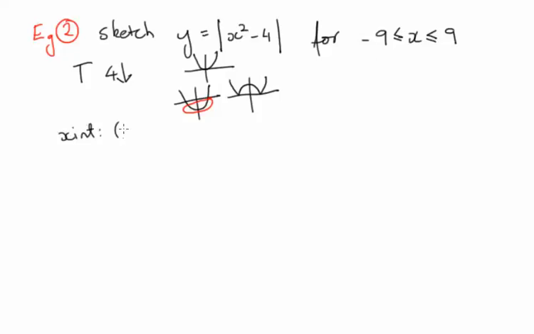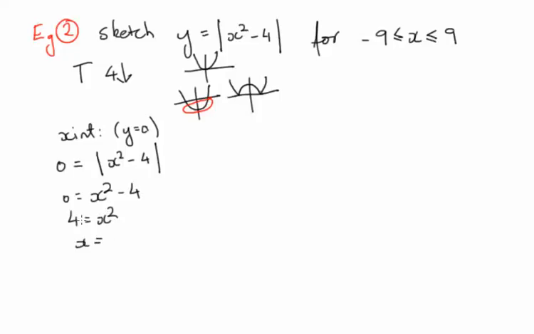So we're going to make y equals 0. So we've got 0 equals the absolute value of x squared minus 4. Alright, well in this case we know from looking at our mini graphs that the x-intercepts are going to be the same as this one here. So let's just ignore the absolute value bars. 0 equals x squared minus 4. 4 equals x squared.